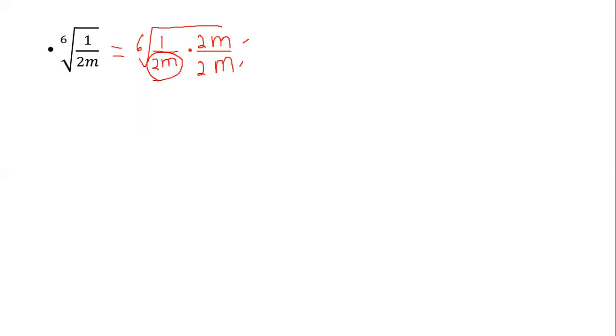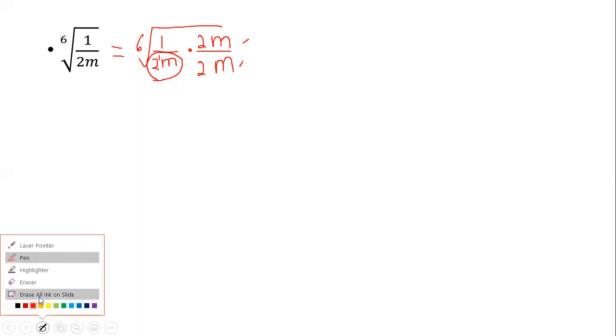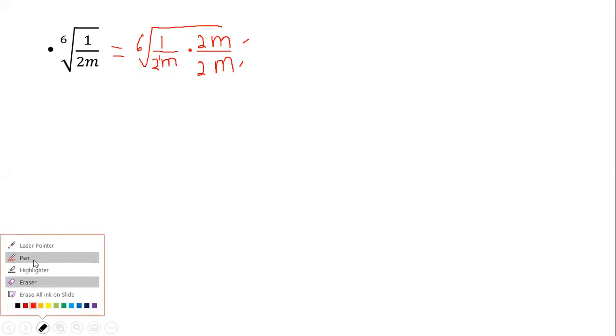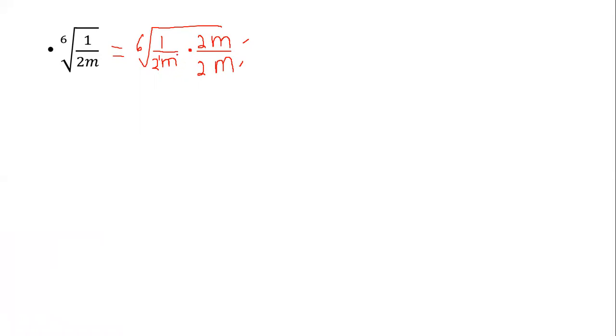Tapos, ito na. Meron po tayong exponent na 1 dito. Okay? So, meron tayong exponent na 1 dyan. Tapos, meron din po tayong exponent na 1 doon sa m. So, wala po nakasulat dyan, pero understood na po na merong 1 dyan. Kumbaga, meron ng mutual understanding.